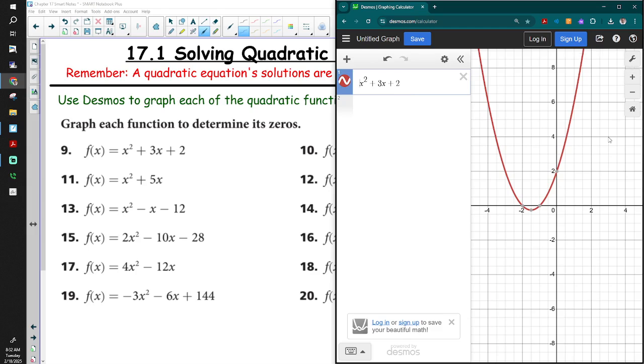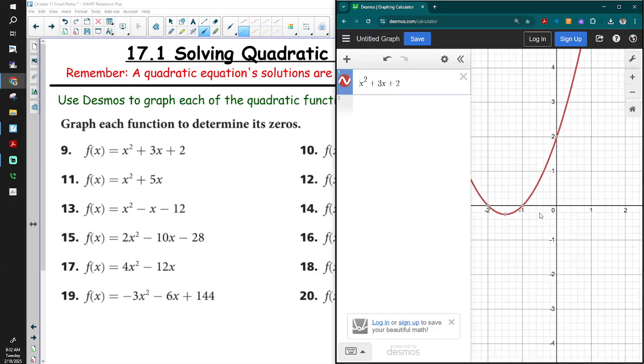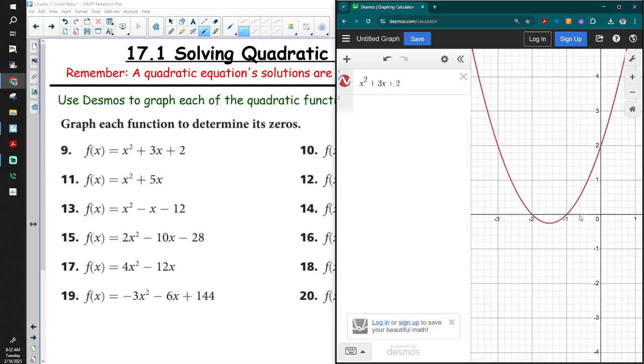To find this parabola's solutions, where do I look? I look at where my parabola crosses the, which axis? The x-axis. See, this is the x-axis. The solutions to a quadratic, to a parabola, is where it crosses the x-axis.